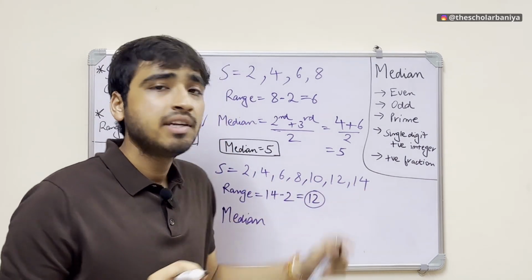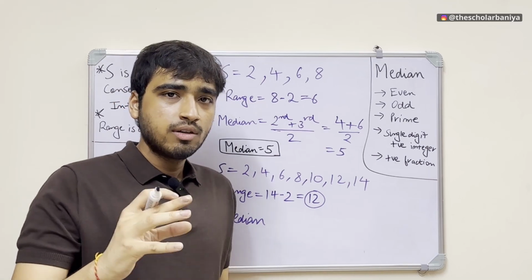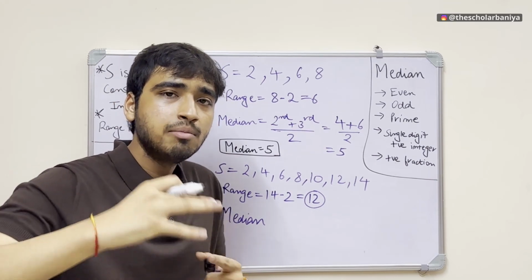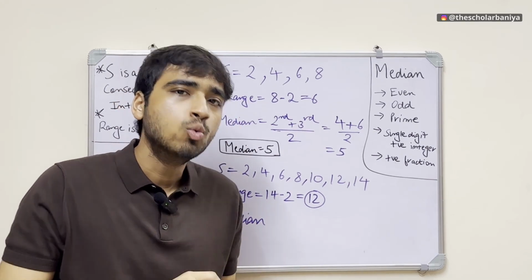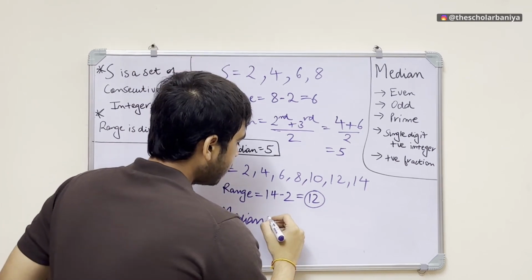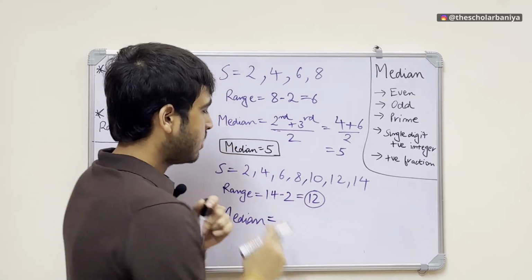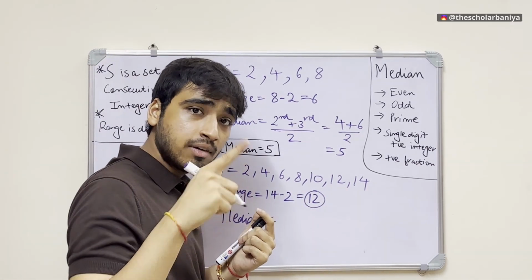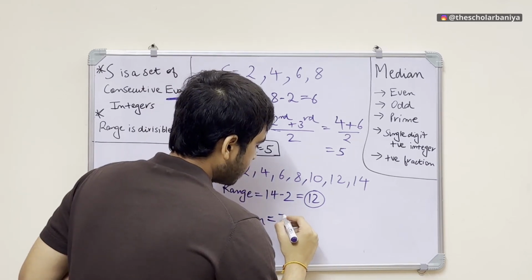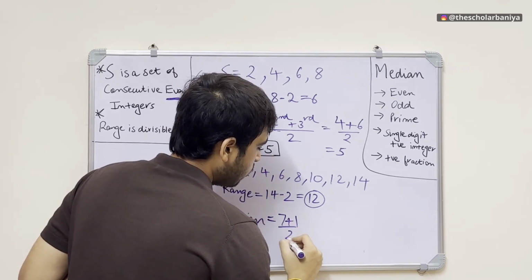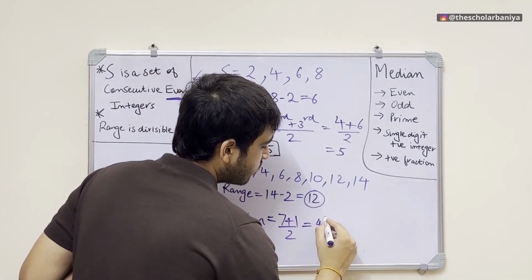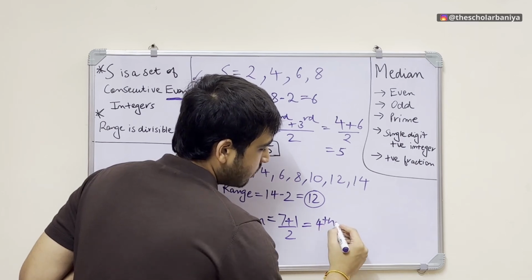Now we have 7 numbers, and we know for an odd number of numbers, the median is the n plus 1 by 2 term. There are 7 terms, so 7 plus 1 by 2 is 8 by 2, which means the fourth term.